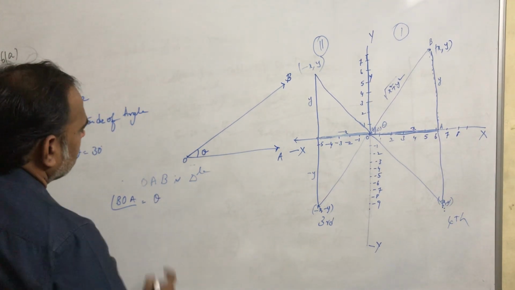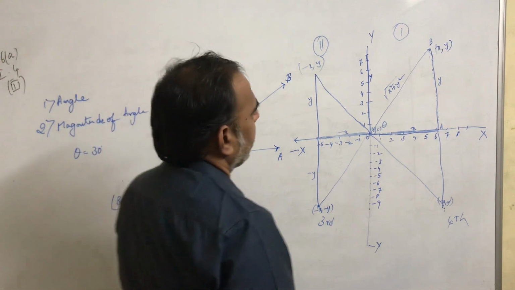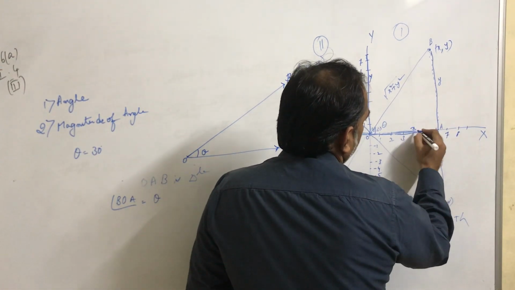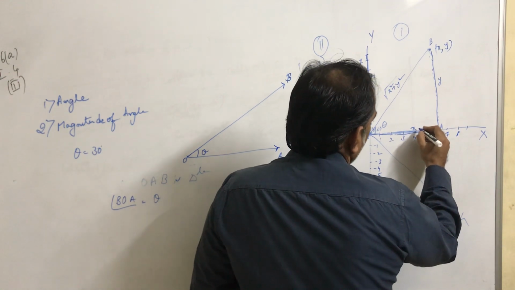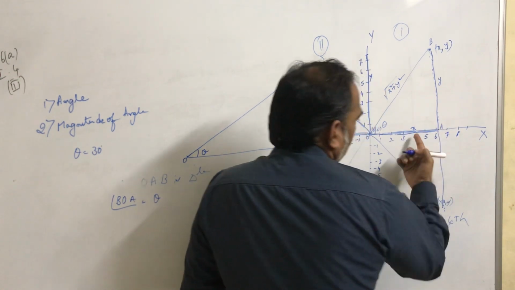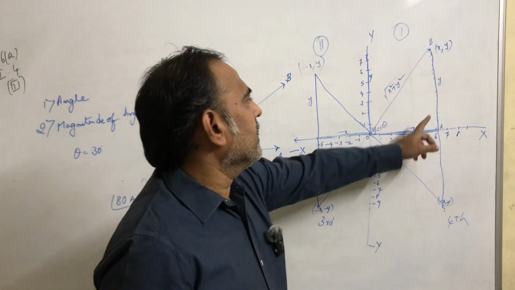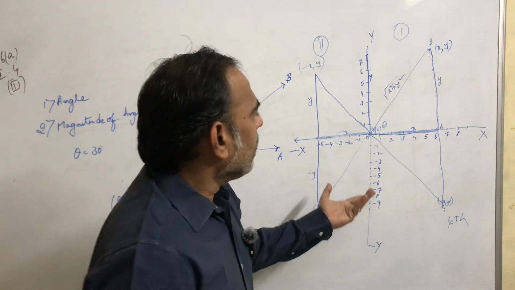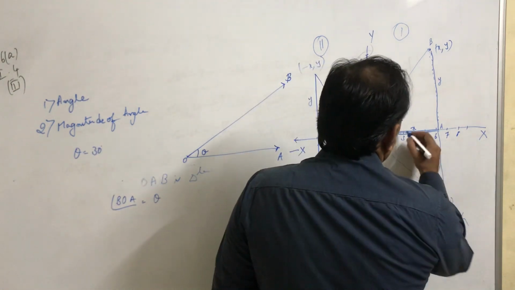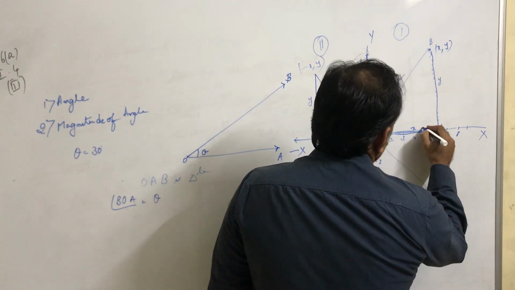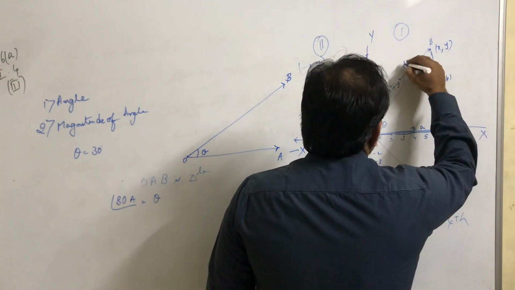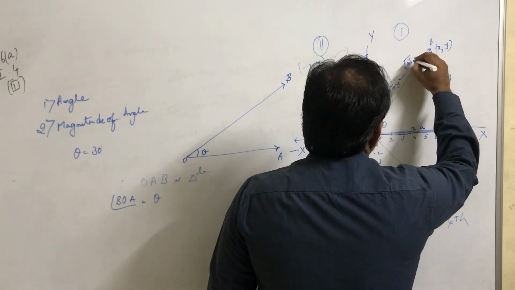In that, we have three sides. Normally we can represent them with x, y and the square root of x square plus y square. We have one more way of representation: I will represent x with a and y with b, and this is the square root of a square plus b square.